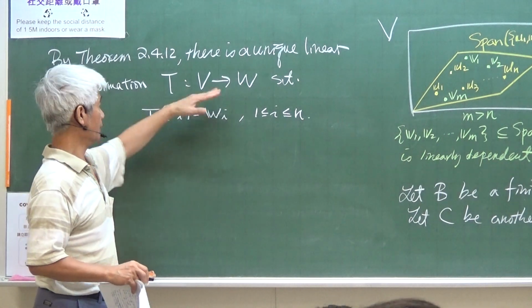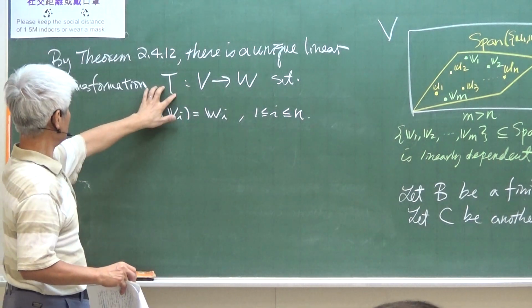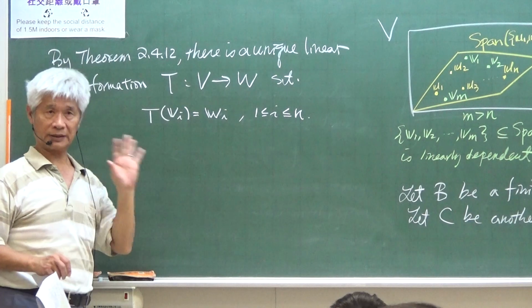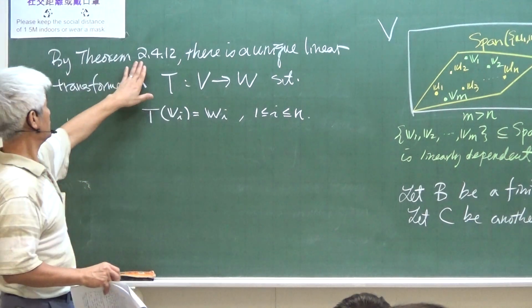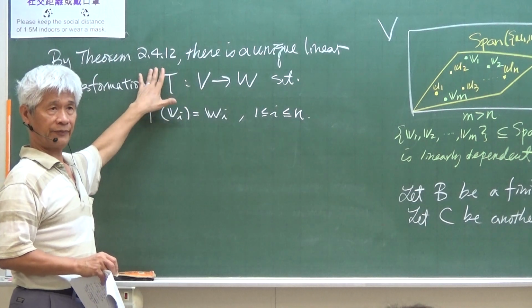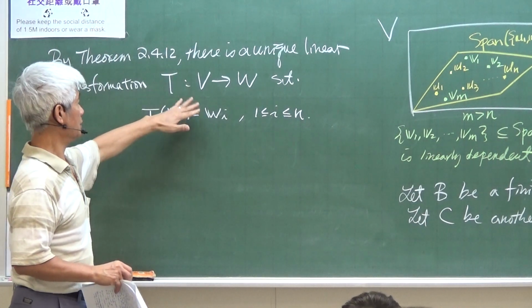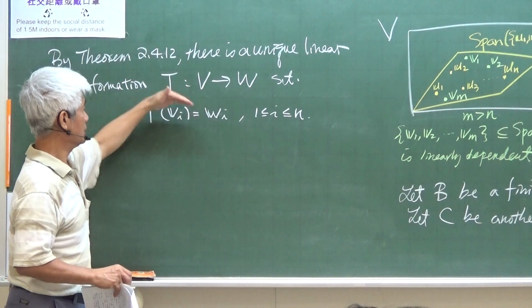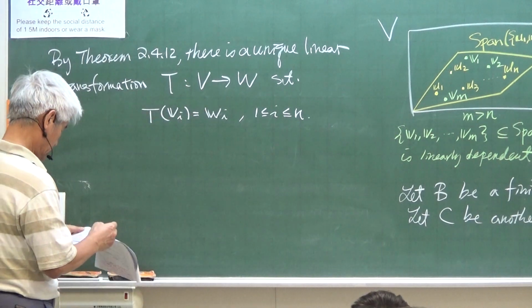And such a linear transformation exists and is unique by theorem 2.4.12. We proved that before in chapter 2. So this T is uniquely determined.